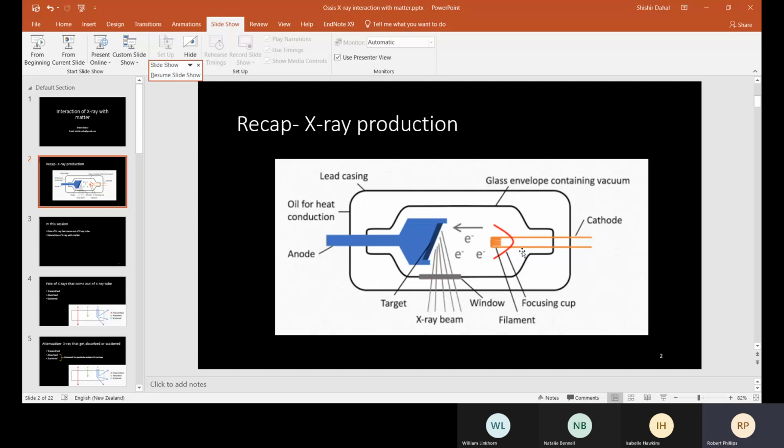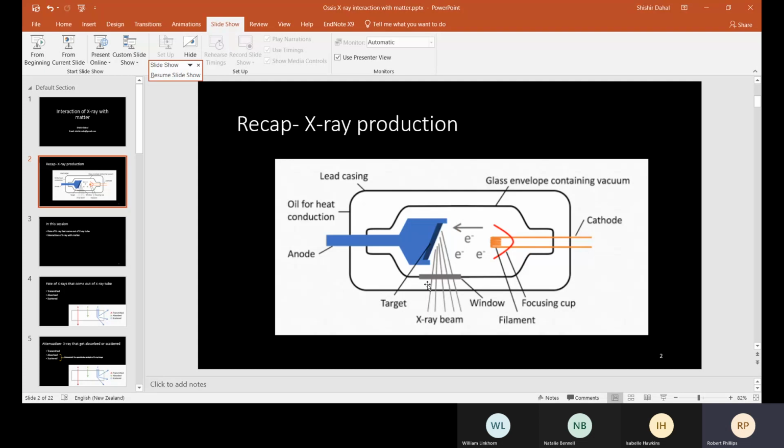And X-ray produced in X-ray tubes comes out of the X-ray tube through a window made up of beryllium, which has copper and aluminum to filter out low energy X-rays. Because these low energy X-rays do not contribute in image formation, they will just increase the radiation dose to the patient.